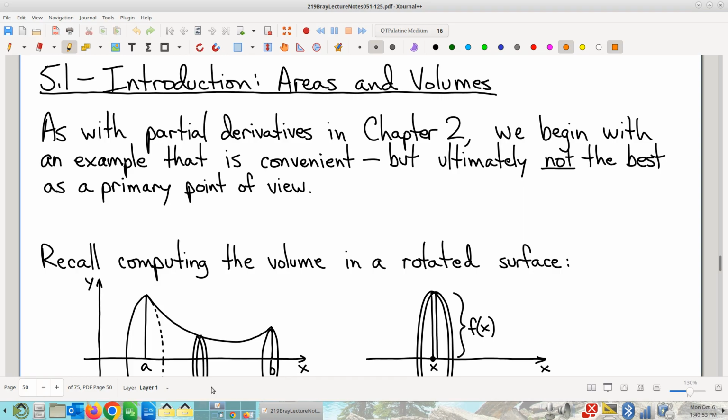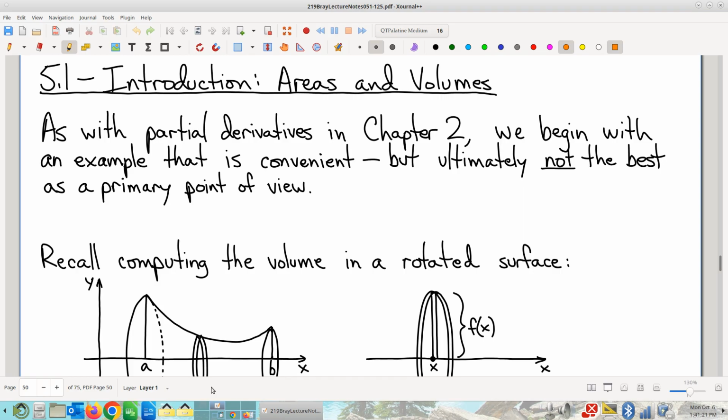Okay, so on to chapter 5. This is about integrals. Y'all will recall chapter 2 is about derivatives. Y'all will recall the very first thing we did in chapter 2 is we talked about an easy, ultimately computationally convenient and useful, but also ultimately not really the best way to think about derivatives, namely partial derivatives.